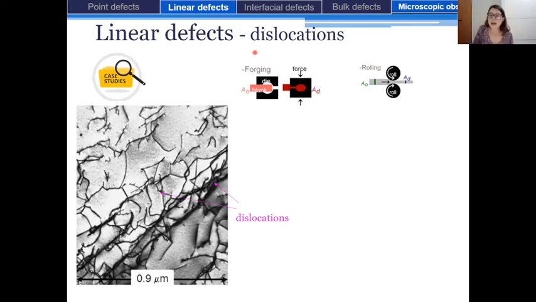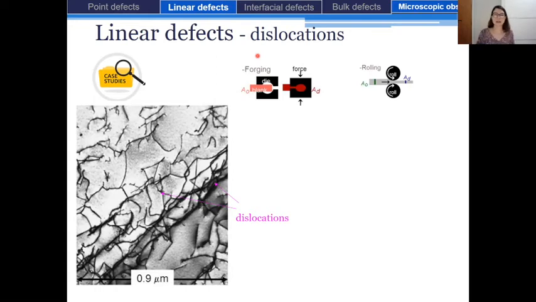Okay. So in these two cases, during this plastic deformation, what is occurring in the material? So if we use a technique that is called electron microscopy, that is a kind of microscope that instead of using light, uses electrons, we are able to observe at a very low scale what is happening in the material.